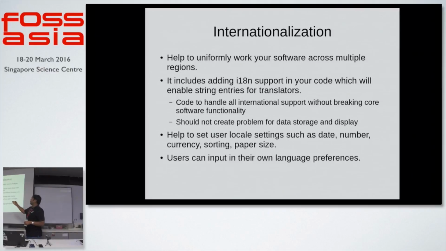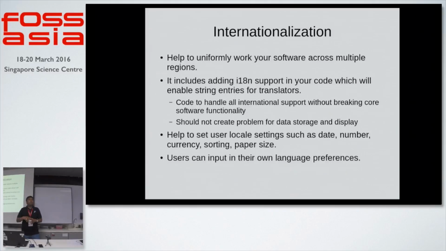So it is nothing but code to handle all the international support without breaking the core software functionality. The I18N task is that you should not break the core software functionality and let people do the translations in their own language. I will explain this point in a later slide. It should also not create a problem for data storage and display. So while adding I18N support or doing the translation, whatever translations appear when you run that software in different languages should not create a problem for rendering.